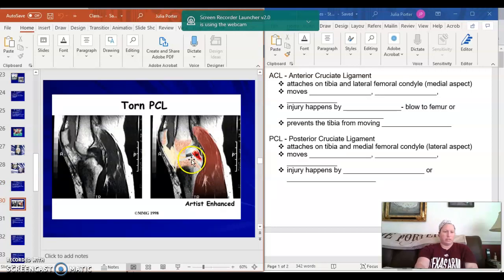Torn PCLs are not very common. You can see here this dark black area. That's where the PCL should be, but in this artistically enhanced picture, you see there's a lot of blood in the area. So when you have a lot of blood in the area, it turns black on an MRI. Right?